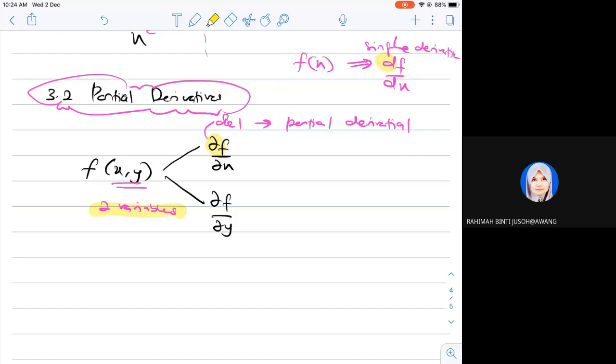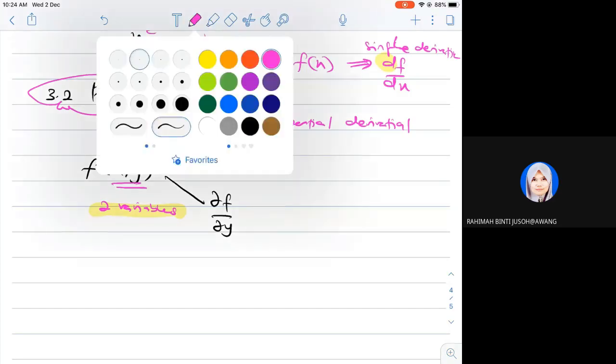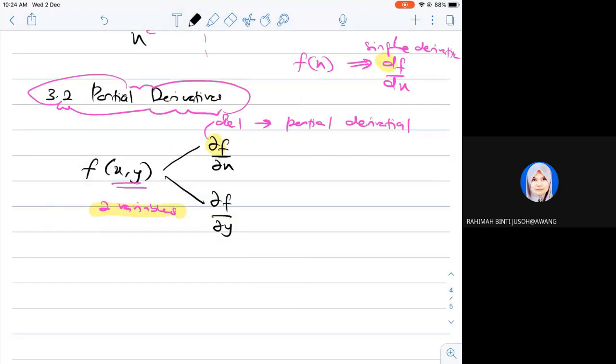So when we have ∂f/∂x, please listen here carefully. ∂f/∂x, or we can denote it as f subscript x, means that we differentiate with respect to x. So in this case, x is the variable.